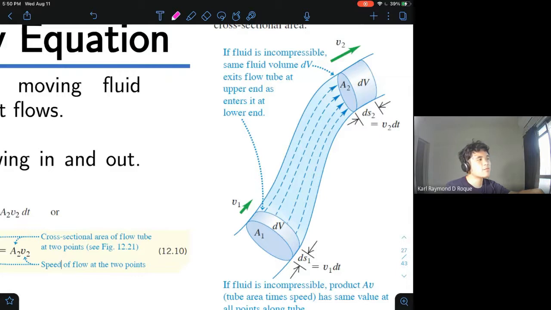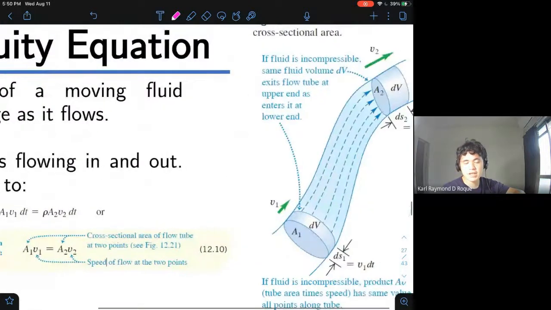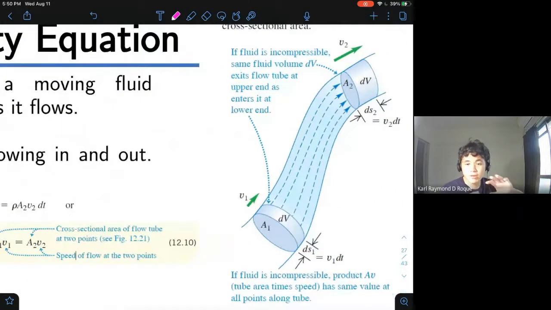Ano ba mas maganda i-explain to? The same fluid volume, dV, kumbaga, kung ano man yung pumasok na fluid amount, yun din yung lalabas. Okay. So, isipin nyo, pag lumiit yung area, ano kailangan gawin ng fluid mo? Di ba dapat mas mabilis siyang lalabas? Kaya may continuity equation, guys.